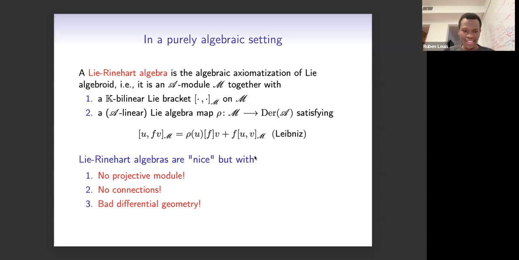And for differential geometry, it's not so good. So we would like to replace that by a version that is better in terms of modules, in terms of projective modules, since we can have some vector bundles around.